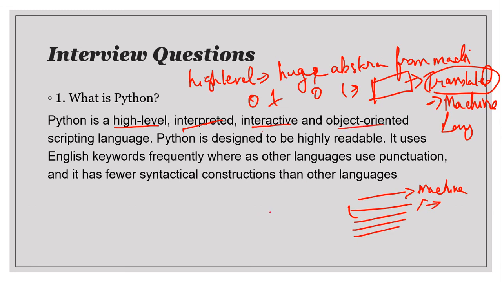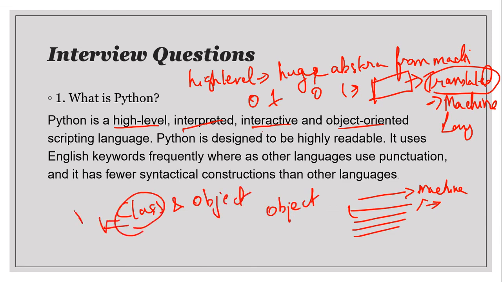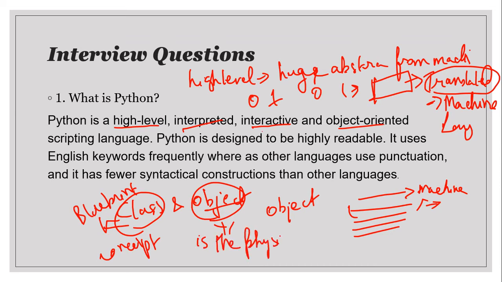Object oriented we will study later on, but if I have to tell you in a very short way, we have the concept of class and object, where class is a blueprint, basically a concept, and object is the physical form of that concept. So Python is also object oriented, and a scripting language.